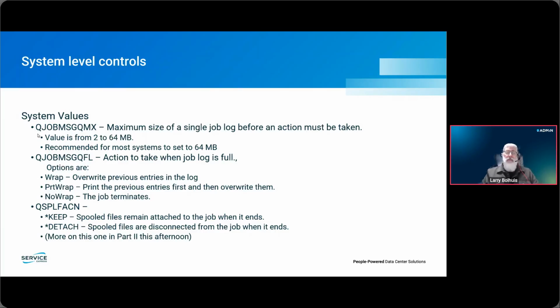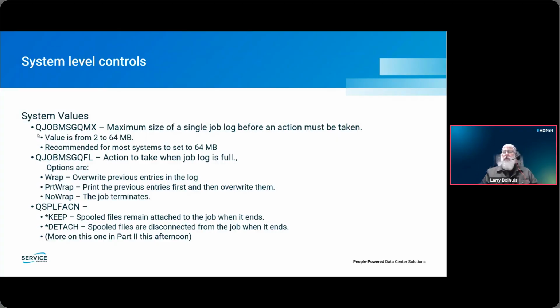Today, the smallest Power 10 I can sell you, I think, has to have 64 gigabytes of RAM in it. So having 64 megabytes assigned to a job log as the maximum is probably a good choice, right? Go ahead and let it get up to 64 megs. Most won't get anywhere near that, by the way, not even close, but it can grow that way.